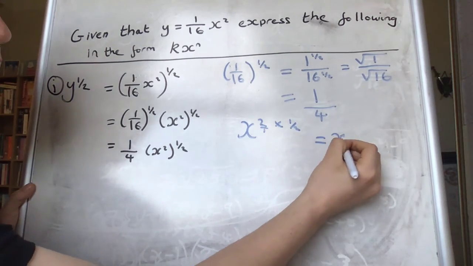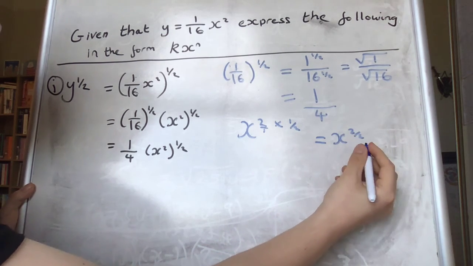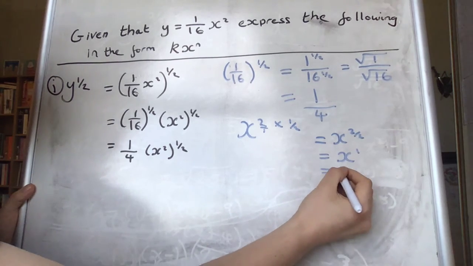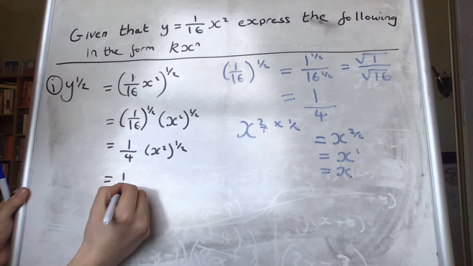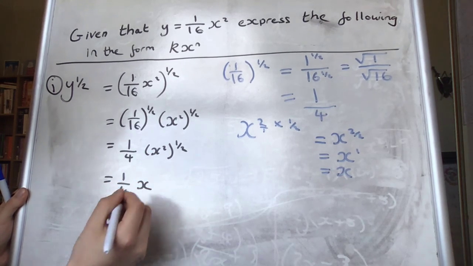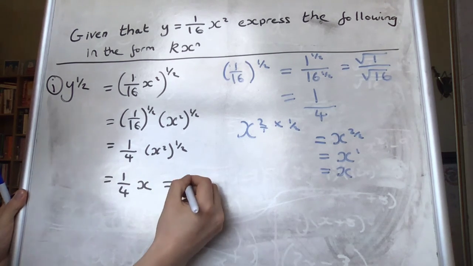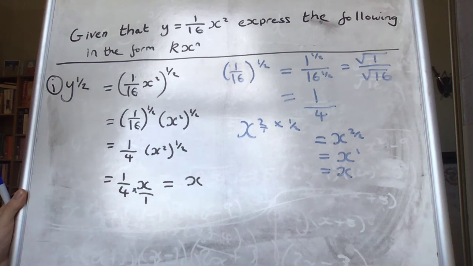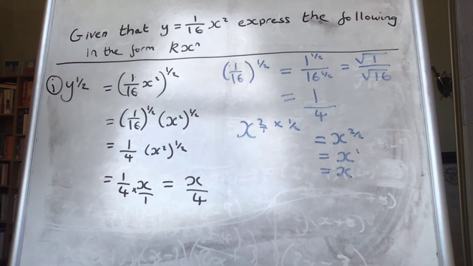We multiply the numerators and the denominators, so that would be 2 over 2, and therefore that is equal to x to the power of 1, and x to the power of 1 is just x. So we can now plug that into our expression down here, and we've now got 1/4 times x, and if we multiply those together, 1 times x is x, and 4 times 1 is 4. And that gives us our final answer.